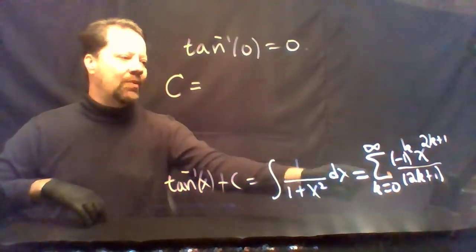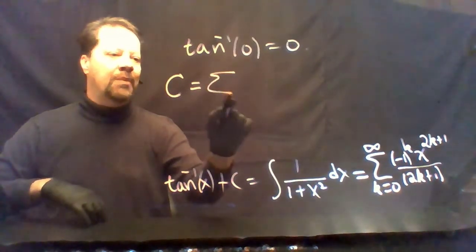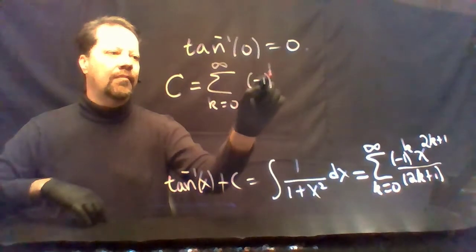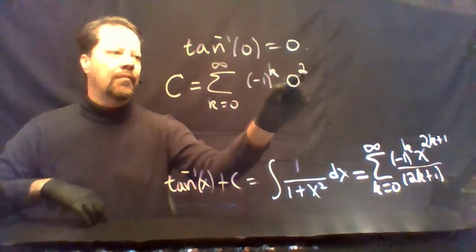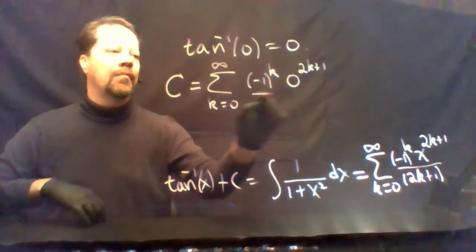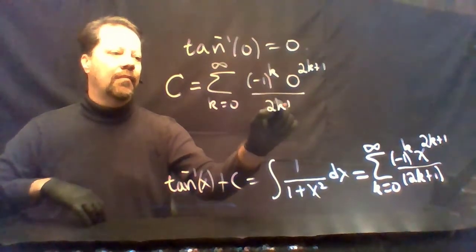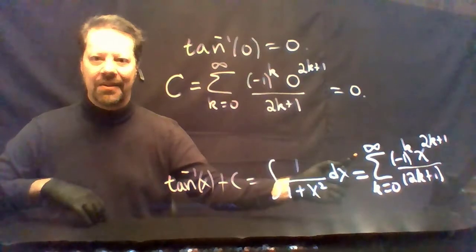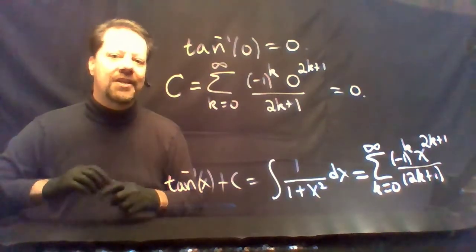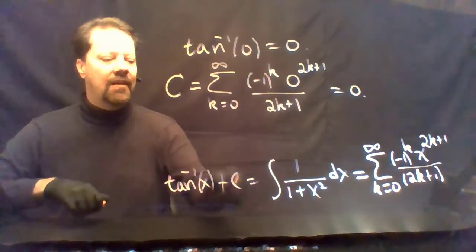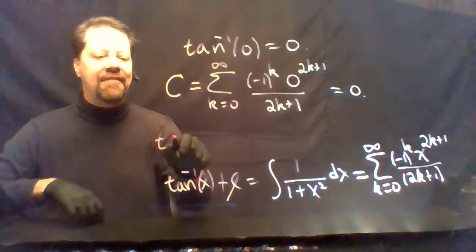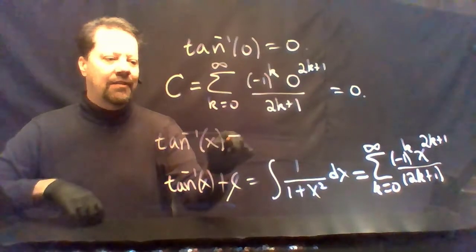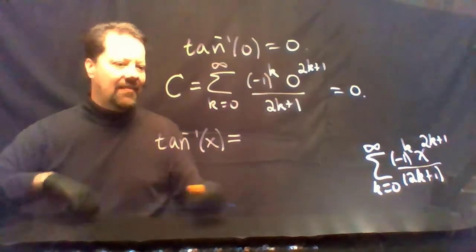We'll get c equals what we get when we plug in 0. Well, the right-hand side is clearly 0, so the constant of integration is in fact 0. That means we have a power series representation for inverse tangent of x.